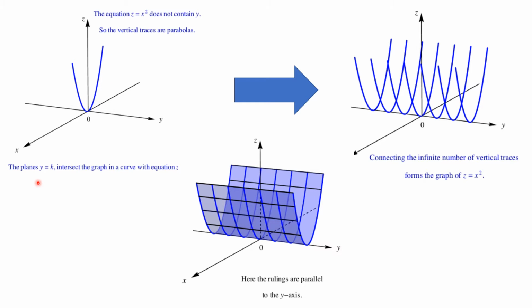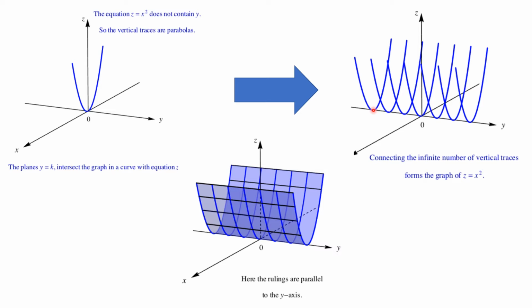Now, if you go away from that for y equal k, it's going to intersect the curve in still a parabola, but y is going to be something else as we go along. So you see I get all these parabolas. Here's for y equal 3, y equal 2, y equal 1, and there's y equal 0. This is y equal minus 1, y equal minus 2, y equal minus 3.